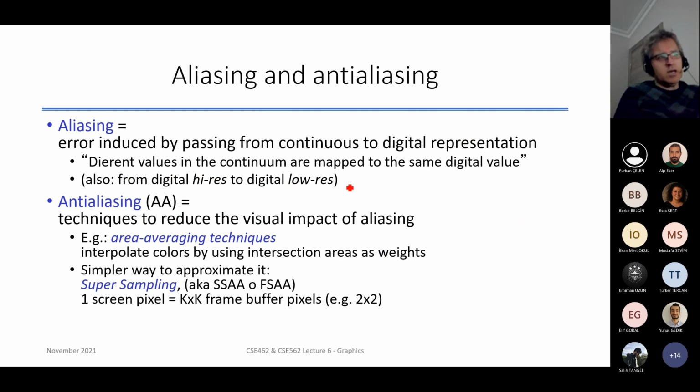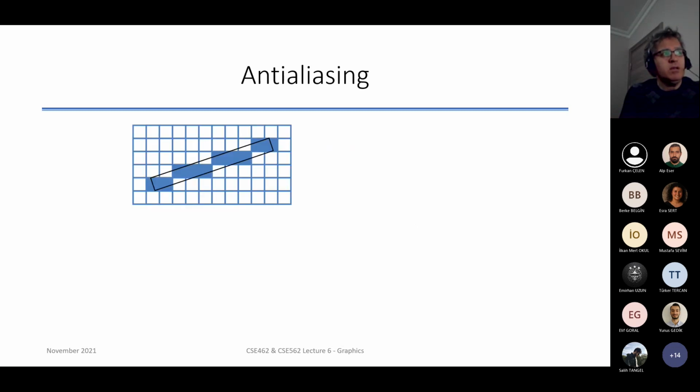Now, of course, this is going to have some problems, what we call the aliasing problem. Aliasing is an error due to passing from continuous to digital representation. An anti-aliasing algorithm is going to be needed. For example, this is an aliasing problem.